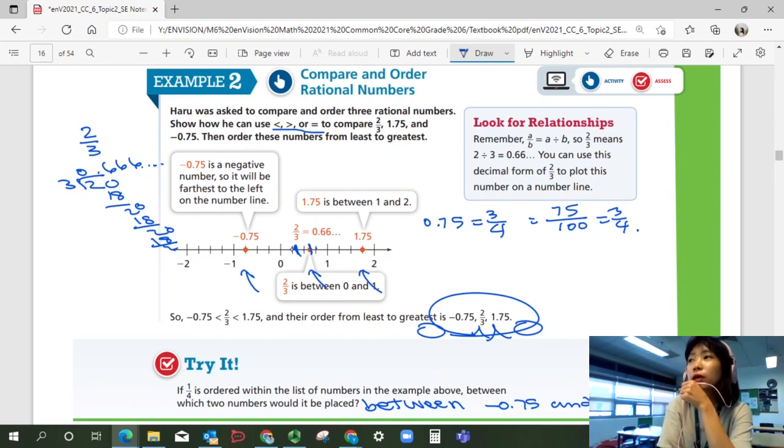Because 1/4 is right here, and 2/3 is a little bit bigger. But negative 0.75, 1/4, then 2/3. So 1/4 comes right here.